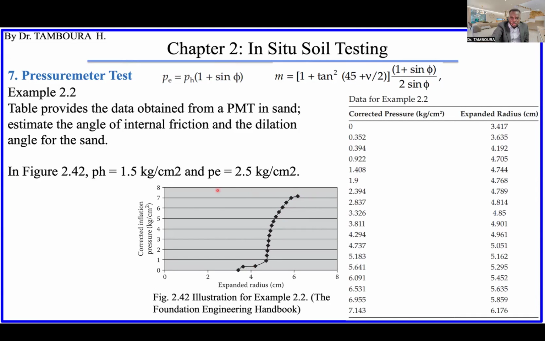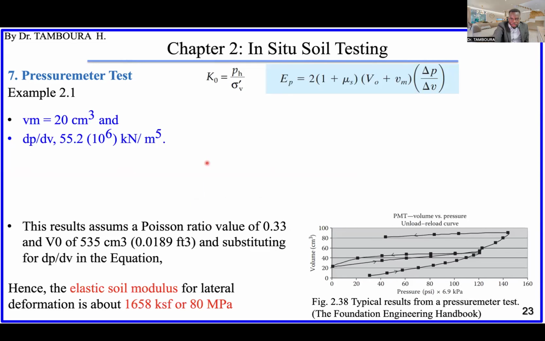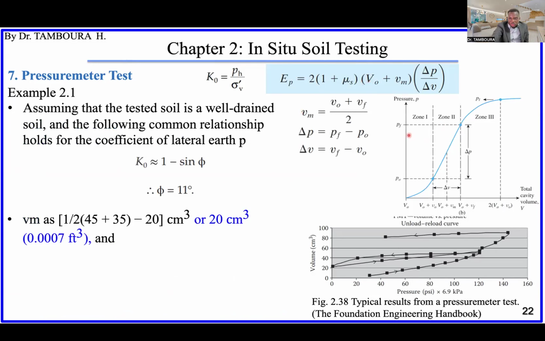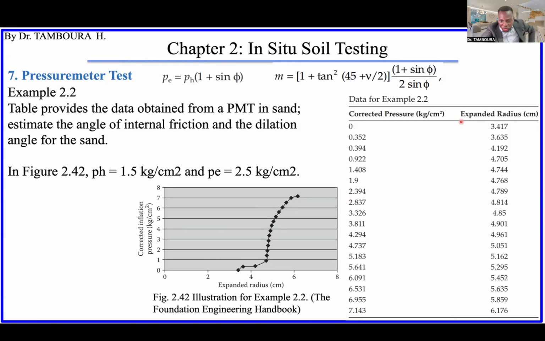So 2.5 here, PA, which is similar to, let me see, similar to this one. Okay, these are from different books, so I didn't work on making it uniform yet.